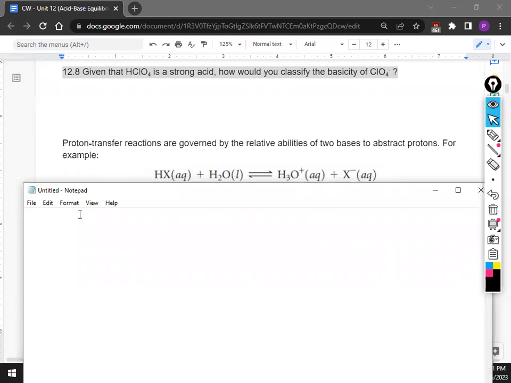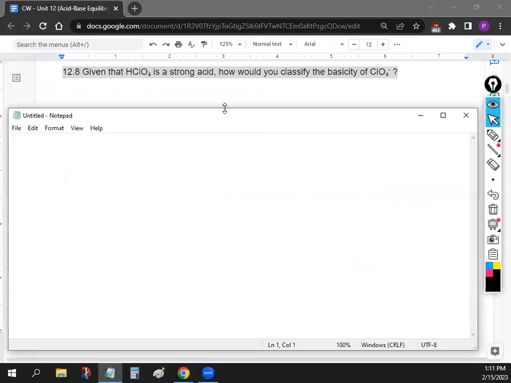Okay, 12.8. Okay, guys. How would you classify the basicity of ClO4 minus? Yeah, very negligible or very weak. You can just say negligible, very weak, something like that. Very weak is negligible, close to 0.